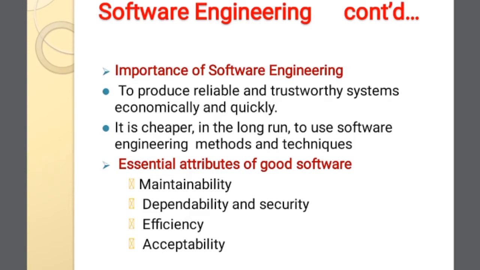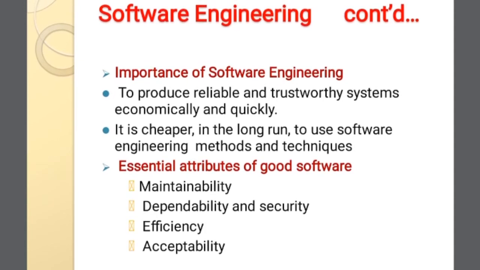Now next we have the layered technology of software engineering. As you see in the diagram, you have four layers here called quality focus, process, methods, and tools. Any engineering approach must rest on an organizational commitment to quality, which fosters a continuous process improvement culture.